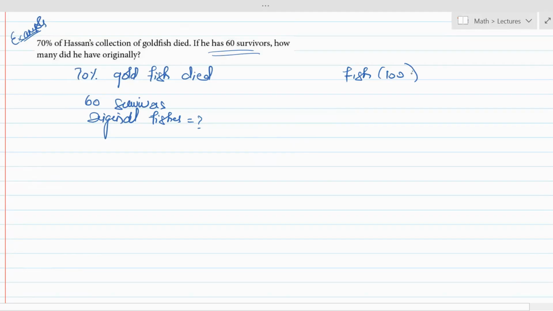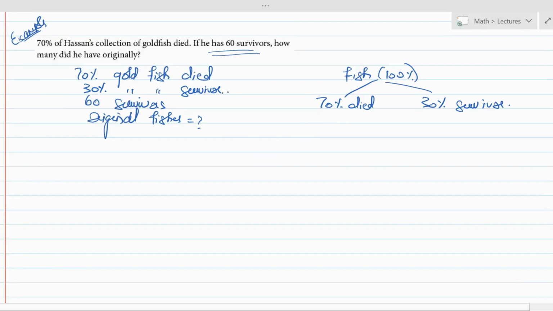Out of this 100%, if 70% died, the remainder would be the survivors. So if 70% died, the remainder is 30%, which is the survivors. So we have 30% of the goldfish as the survivors.